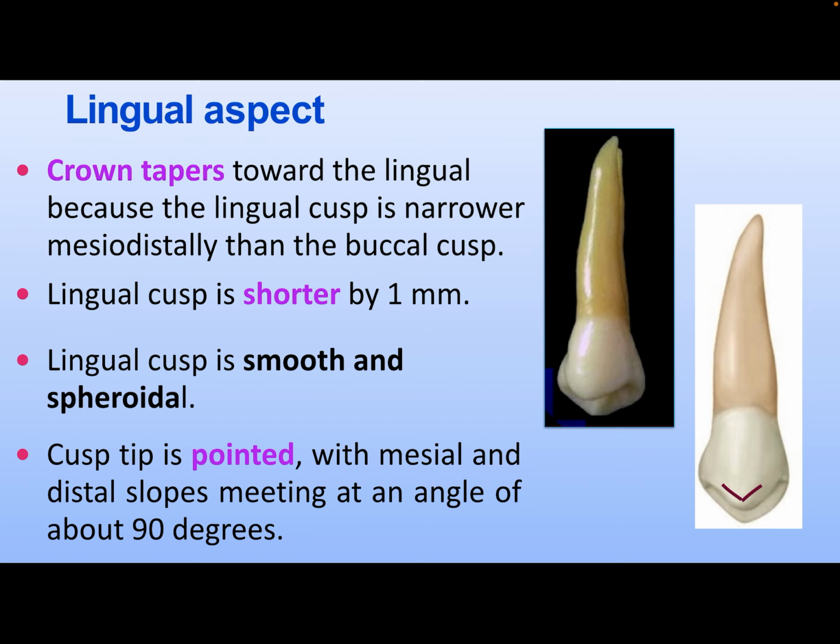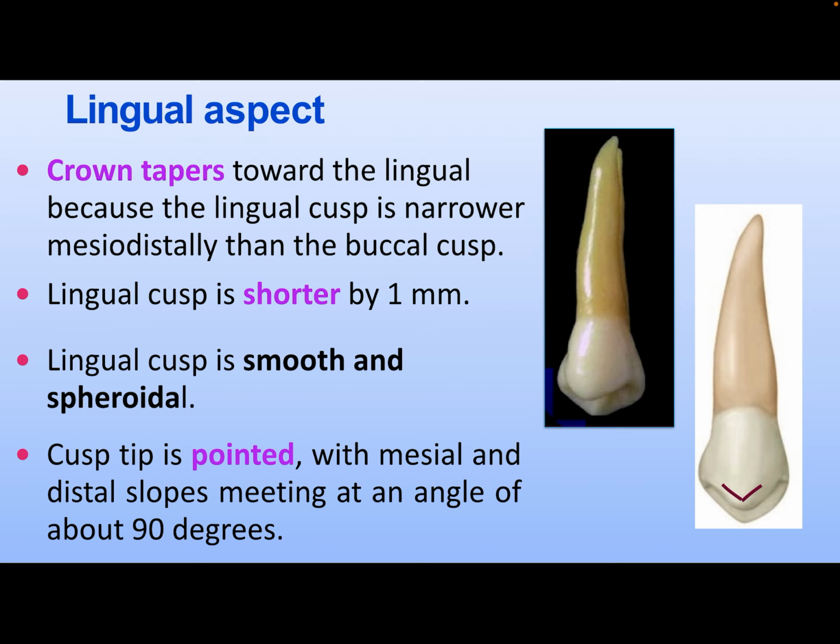So the buccal cusp has more length compared to the lingual cusp, and the lingual cusp is more smooth and spheroidal. The buccal cusp is more angular, with prominent line angles, but the lingual cusp is not that angular, so it is felt more smooth and spheroidal in outline.